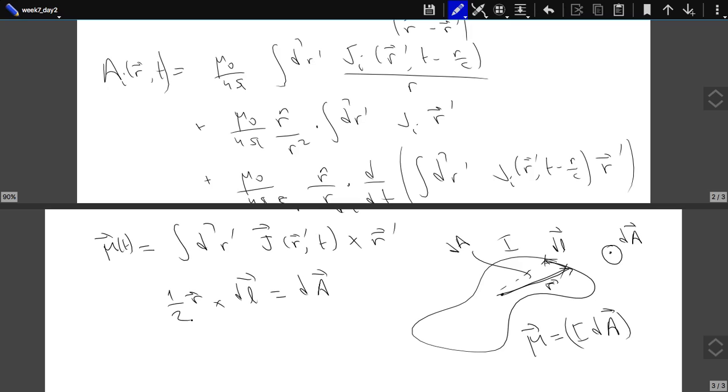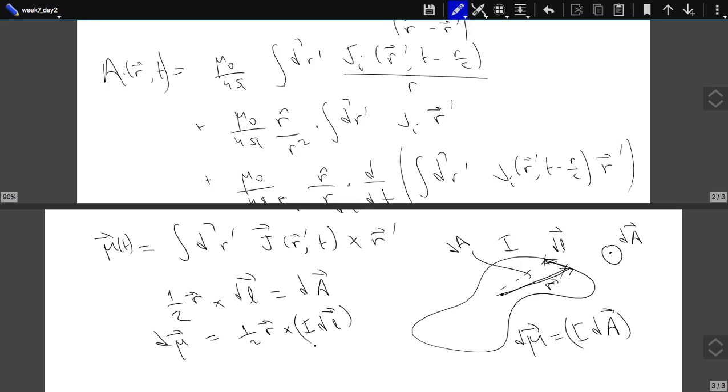But sine of that angle is also the sine of this angle over there. dL times the sine of the angle between R and dL. So this number and this, they have the same units. And they have the same direction. So instead of this, the contribution to the total magnetic dipole moment, I can just say it's 1 over 2 R cross I dL.